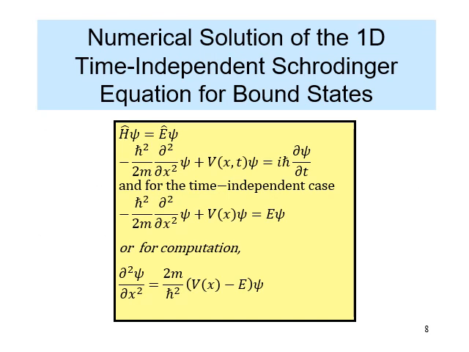All right, now for the specific example in which we're going to solve for a wave function under certain circumstances. This is the numerical solution to the one-dimensional time-independent Schrodinger equation.